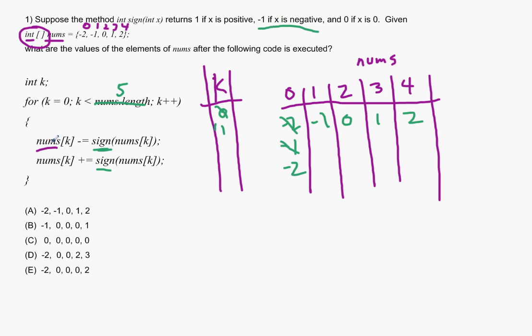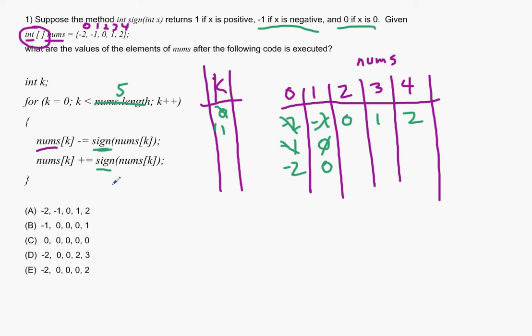So num 1 is negative 1 minus a minus 1. So minus a minus 1 is plus. So negative 1 plus 1 is 0 this time. And so this line says take that 0, send it to sine, get a 0 back again. So 0 plus 0 is going to equal 0. Now it really didn't change, but I like to keep track of how many times I'm changing it.